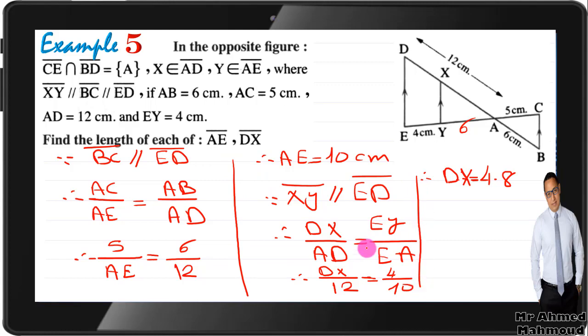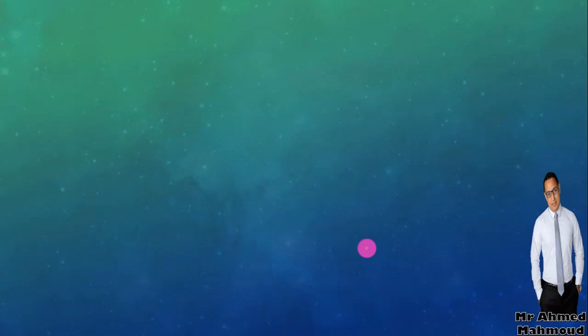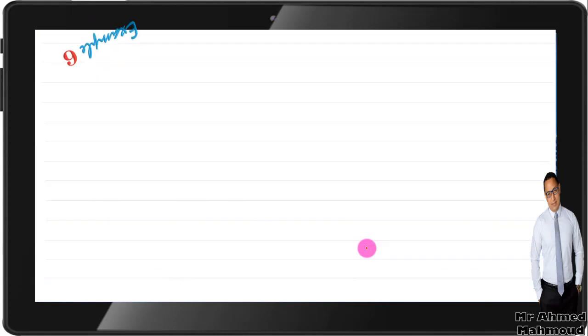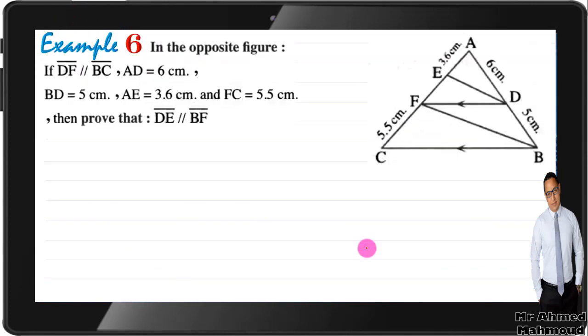In the next question, here we have DF parallel to BC and AD equals 6, BD equals 5, AE equals 3.6, FC equals 5.5. Prove that DE is parallel to BF. First I need to find the length of EF.